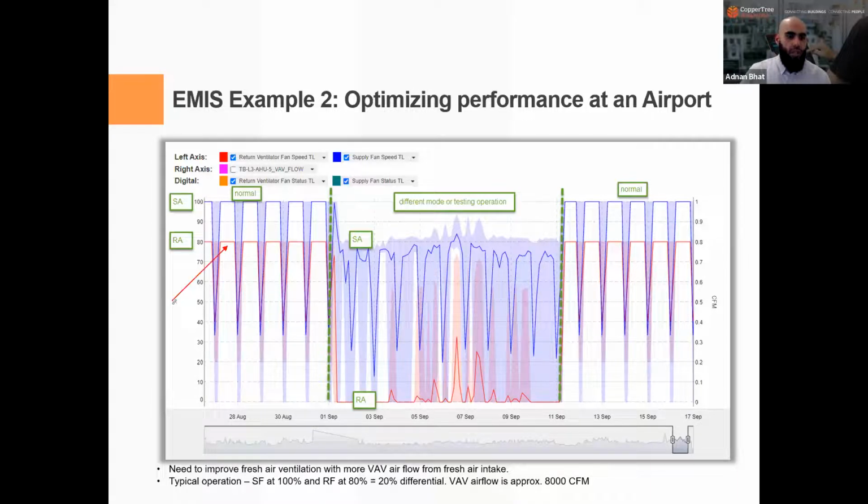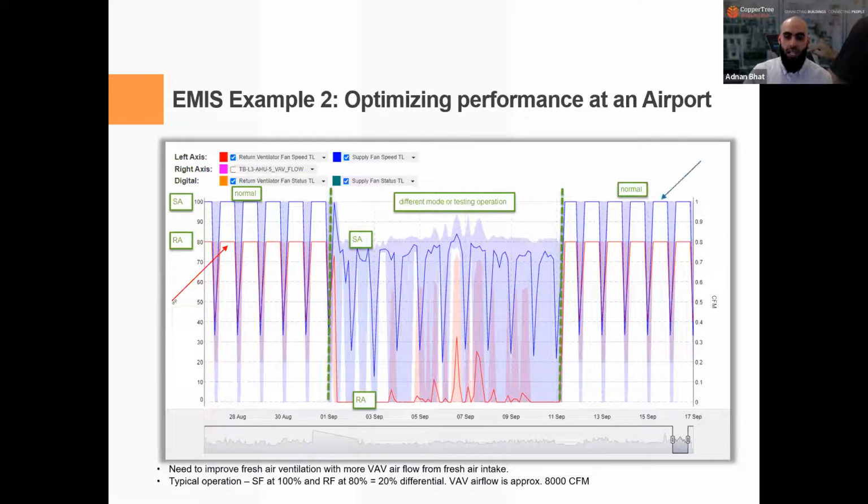And what you see on the screen, the red line here is the trend log view for the return fan speed, which is running at 80% under normal operation. On the left side of the chart and on the right end, you see normal stands for the normal operation scheme. The return fan was running at 80%.